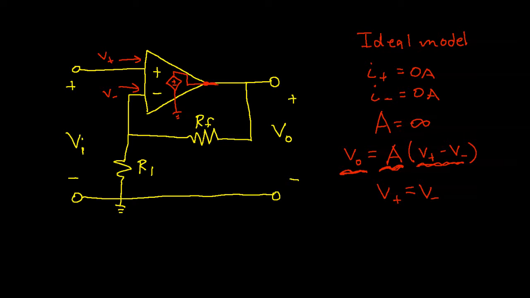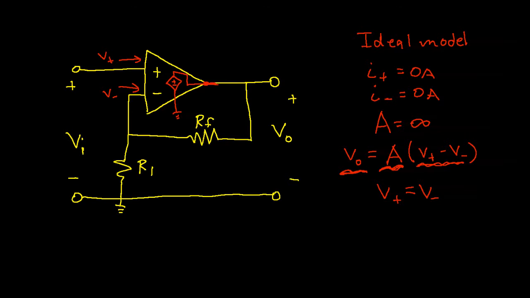So basically what happens is the op-amp sets the output of this voltage source to be whatever it needs to be in order to make these two inputs equal. Now, in real life, this is constrained by the fact that real op-amps aren't just ideal voltage sources. They have limits in terms of how much current they can supply. They have limits in terms of maximum and minimum voltages. But again, for the ideal model, we'll think of it this way.